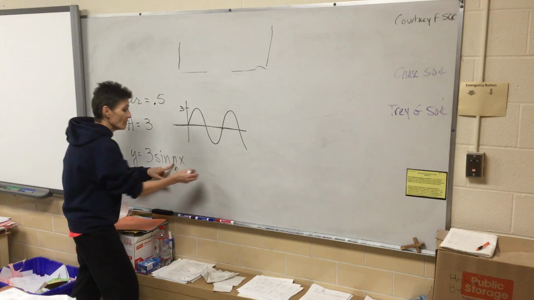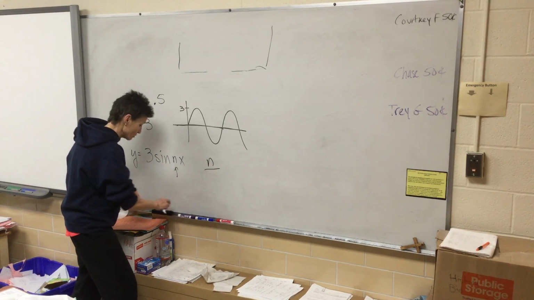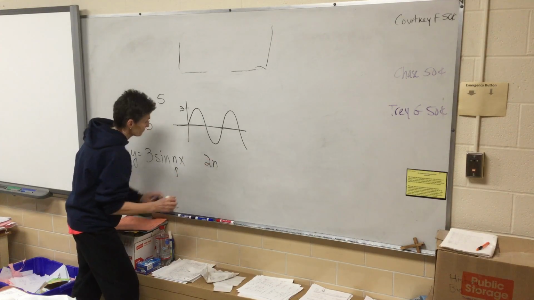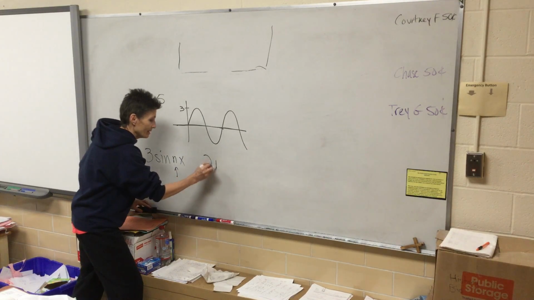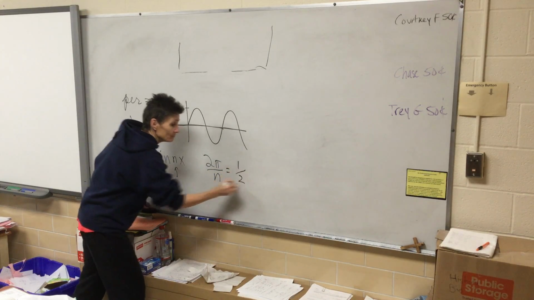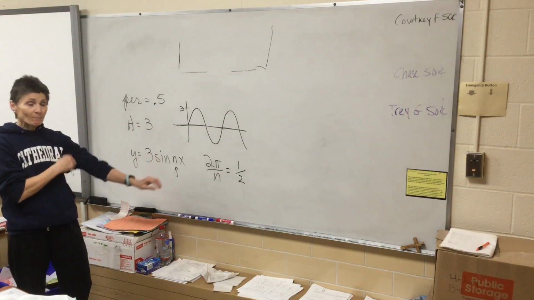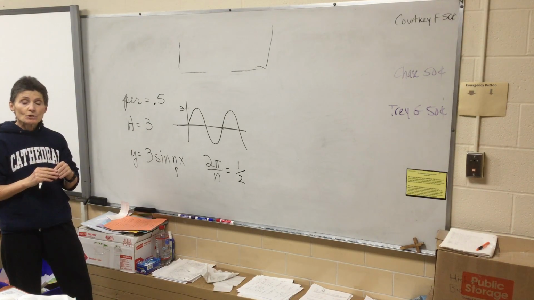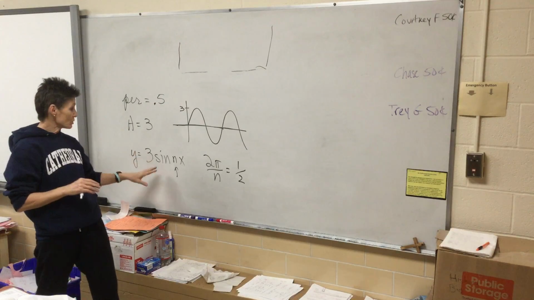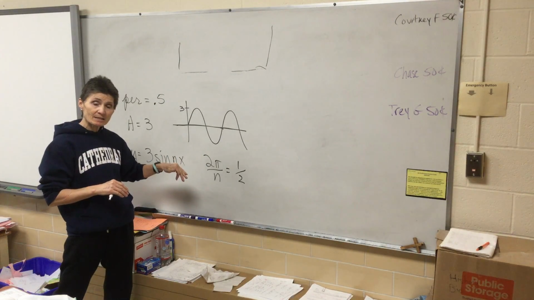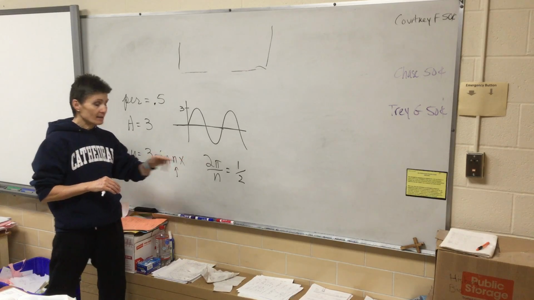I don't know what that number is, but I'll call it n temporarily. I know that if I take 2 pi and divide it by that number, I get my period. Remember, this number divides 2 pi. So if I take 2 pi, which is the normal period for the sine, and divide it, I get 1/2.